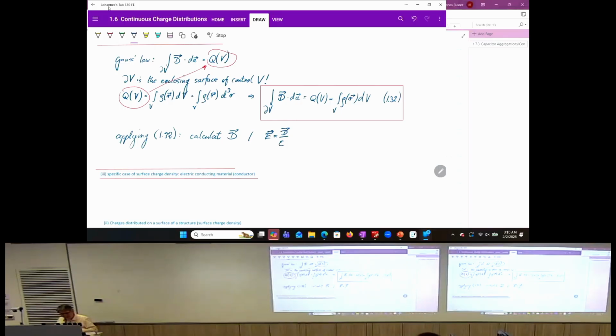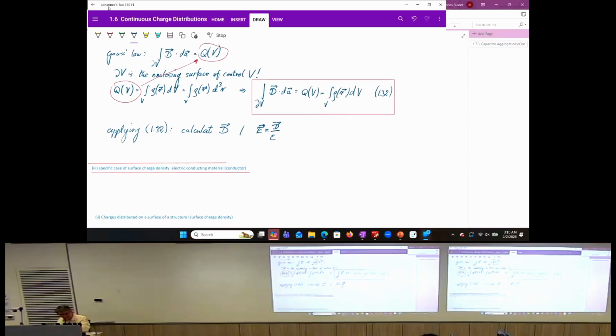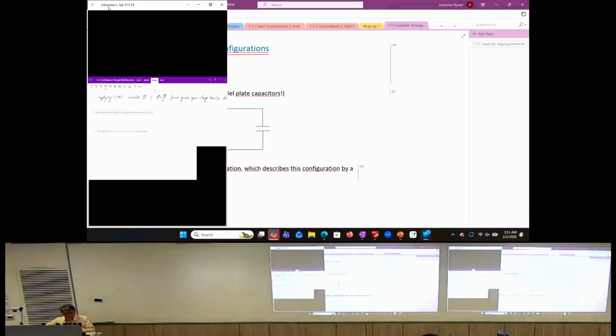We always assume the permittivity is that of a homogeneous and isotropic material, so it is not dependent on the direction of the fields, and is at least locally homogeneous, so not dependent on r. So we can obtain that from the given space charge densities rho of r.